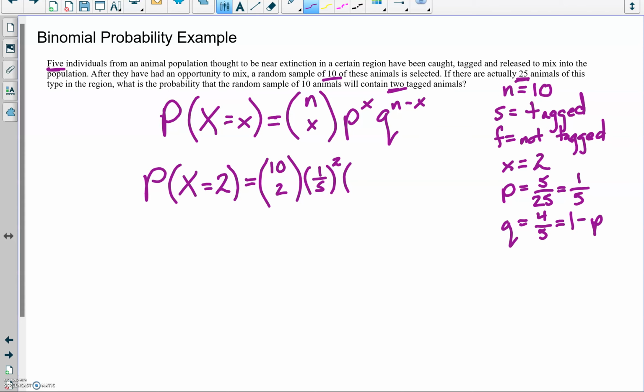And then we will have the q, 4 out of 5, raised to the n minus x, or 10 minus 2, which gives me the 8 power. And again, notice that the powers of these should always add up to be the total number selected, in this case 10. And then you just have to put that in your calculator and figure it out.